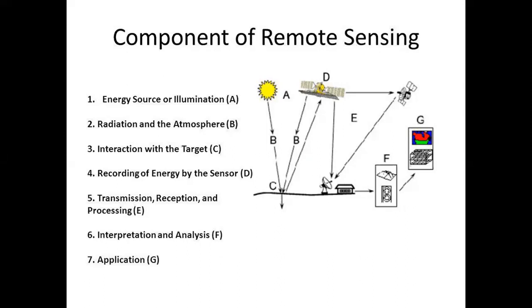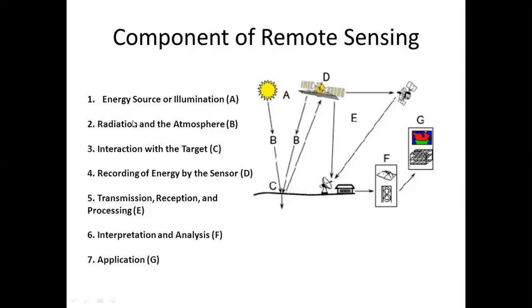In the entire remote sensing process, the source of energy is the sun. The sun emits energy called electromagnetic radiation, which is used in the remote sensing process. So the first one is the energy source, which gives energy to the earth surface.